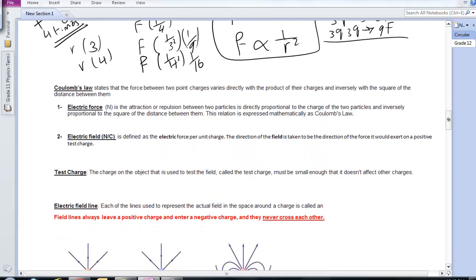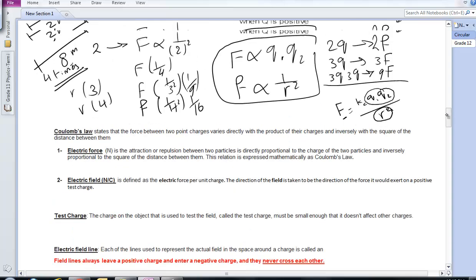Translating the law in words is quite easy because it is Kc Q1 Q2 over R squared. I can say that the force between two charges is directly proportional to the product of the charges and inversely proportional to the square of the distance between them.